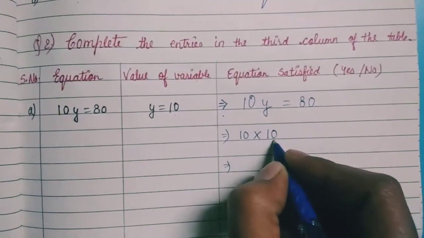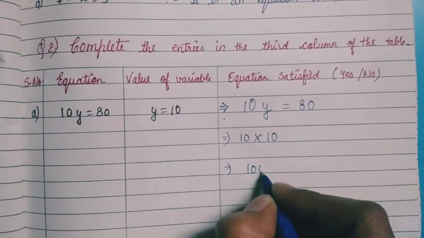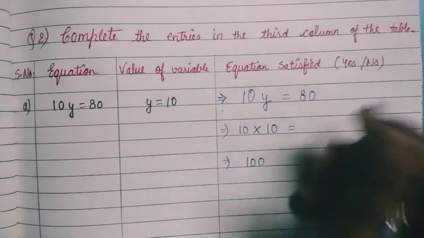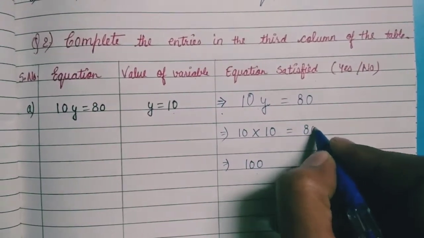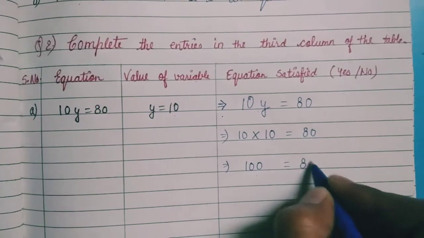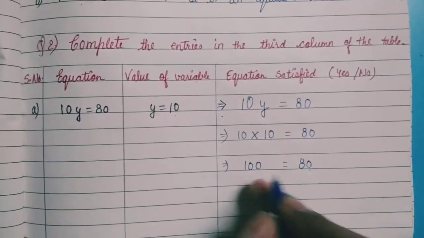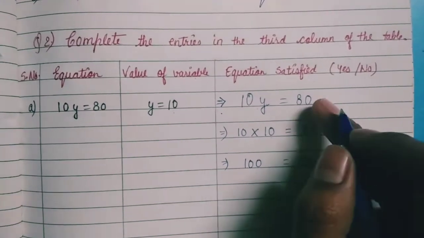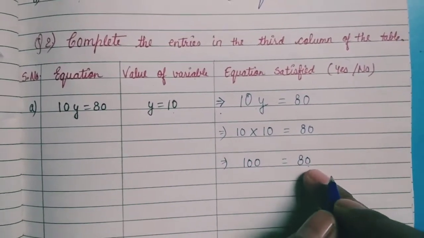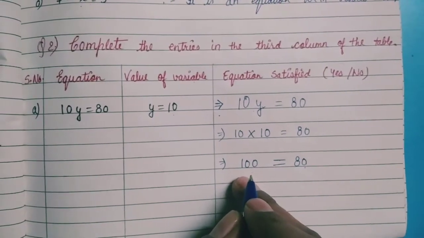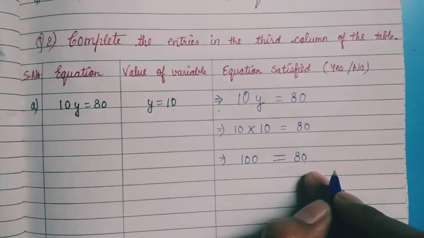So 10 into 10 is 100. But the right hand side is saying that it is not 100, it is 80. We are getting 100, but the right hand side is telling us it is not 100, it is 80. So you can simply see our left side is not equal to right side.